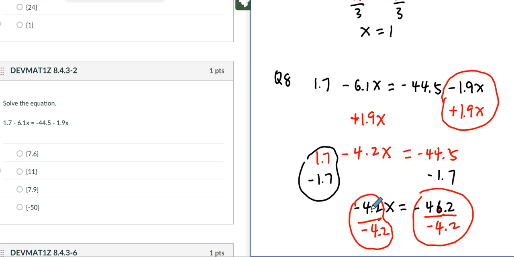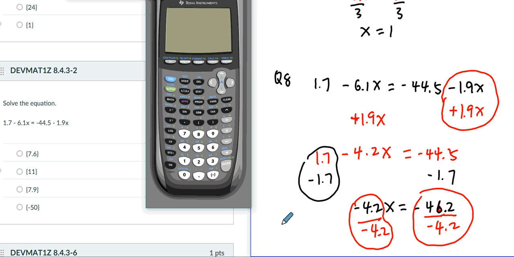So what do we get? We can get our calculator out. So let's see. Calculator is on. We know negative times negative is positive.